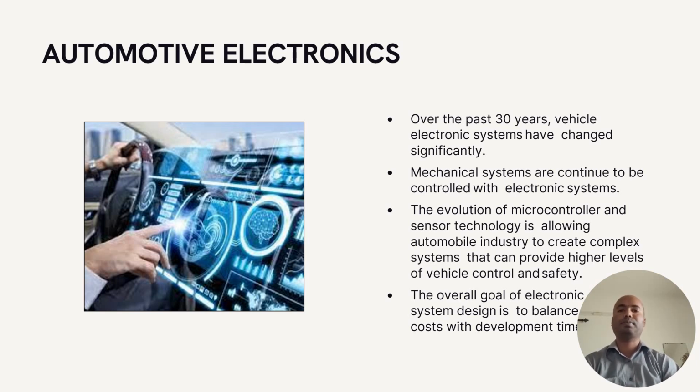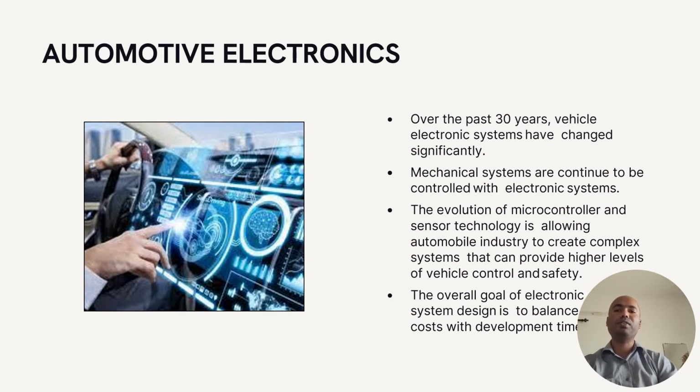The electronic systems assist the mechanical components to improve their performance and efficacy. Overall, electronic systems assist the mechanical components to complete their operations, and we are also able to modify those operations, either by advancing or retarding them.